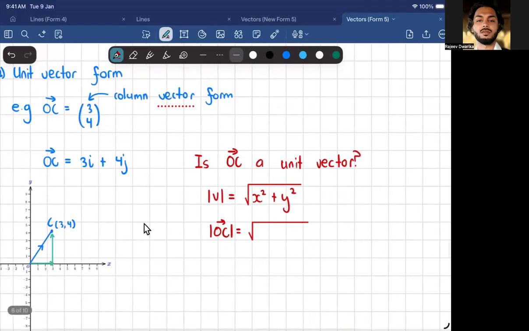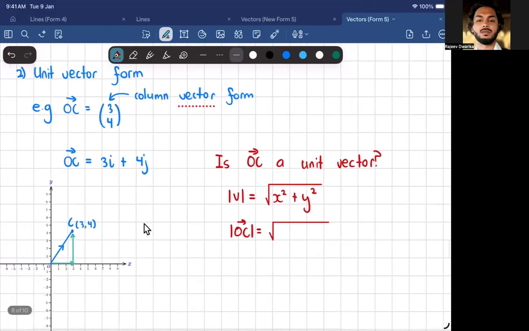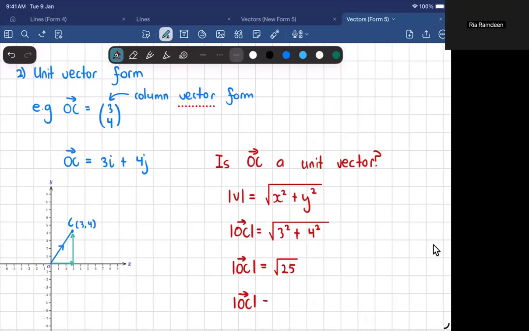What is x in this case? 3. So 3 squared plus 4 squared. That'll be 9 plus 16, which is 25. What's the square root of 25? 5.